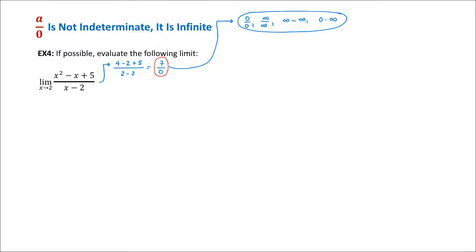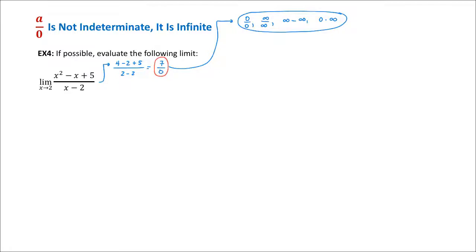I am hoping that you remember from our previous discussion on vertical asymptotes that whenever you get a non-zero over a 0 at a particular value of x, that really means that we're going to have a vertical asymptote at 2.